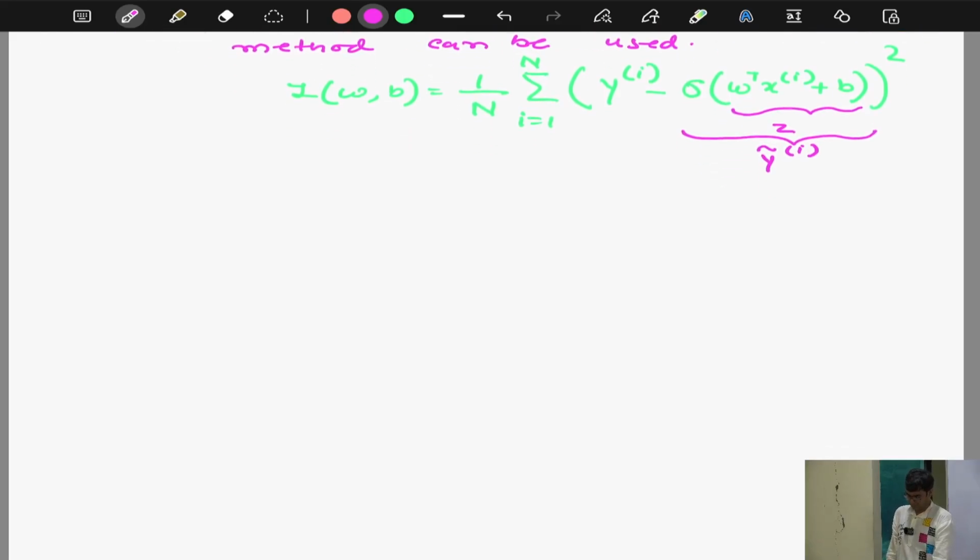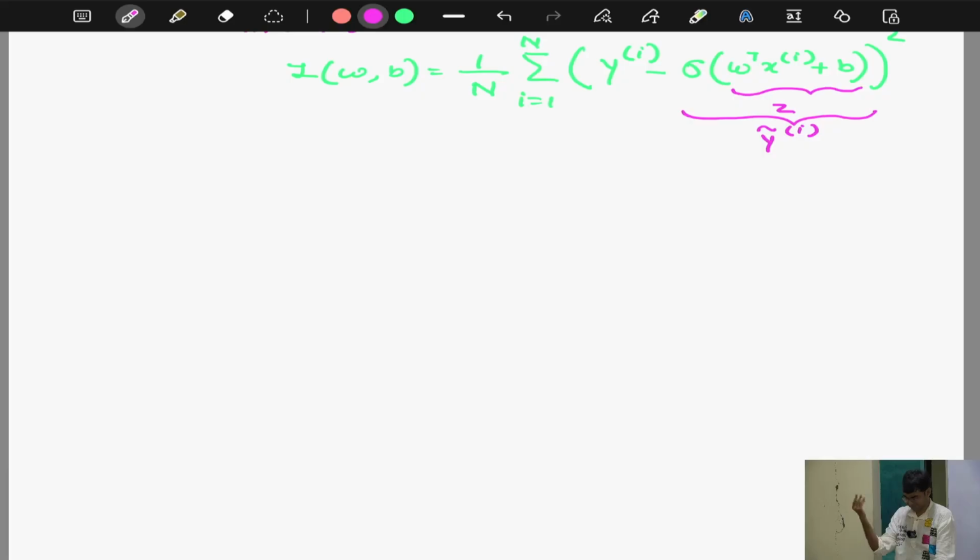Now, if you have to compute the gradient, let us take only W, because I will not compute the gradient completely. Can you tell me how will we proceed?